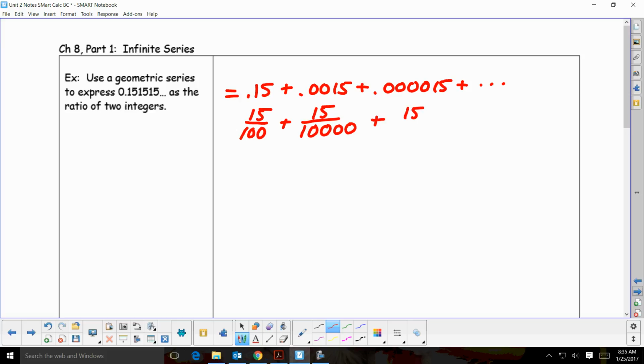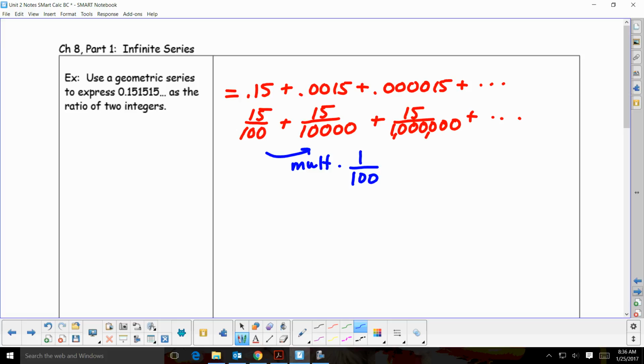This is 15 over 1,000,000. Do you see what you are multiplying by every time? 100. I mean, divide by 100. 1 over 100. Same thing. So do you see that you are multiplying by 1 over 100 every time? So is this geometric? Yes.